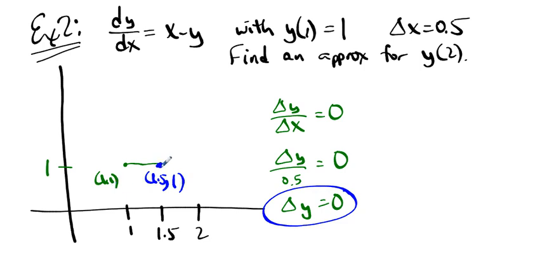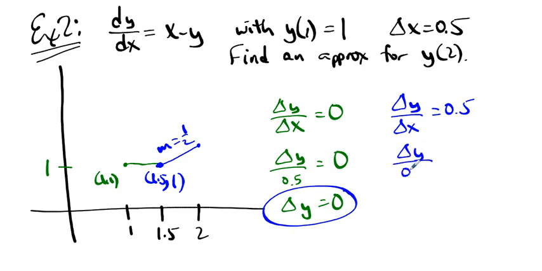Now we come to here. We want to draw a little tiny piece of tangent line. How do we do that? Well, x value minus y value. That's a half. That slope is a half. So the change in y over the change in x is a half. And I know what the change in x is.